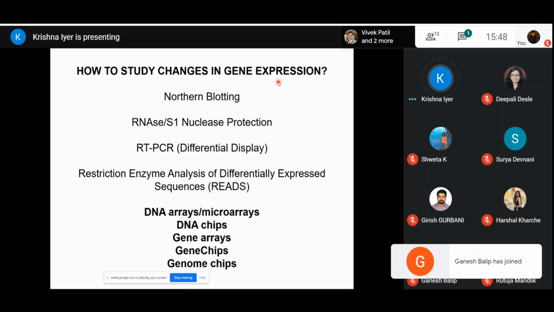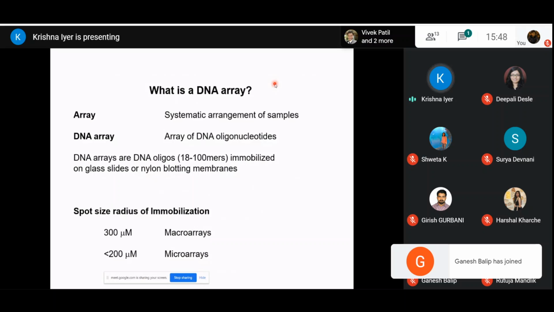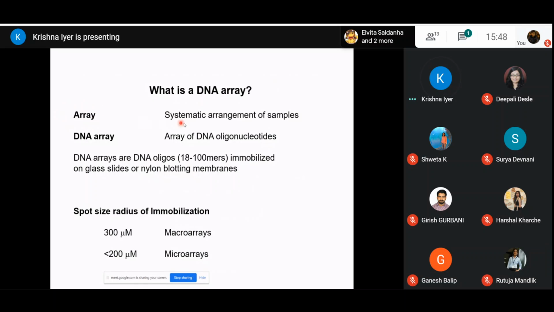So, what is a DNA array? An array by definition is a systematic arrangement of samples. A DNA array would simply be a systematic arrangement of samples whose composition is DNA, or oligonucleotides.